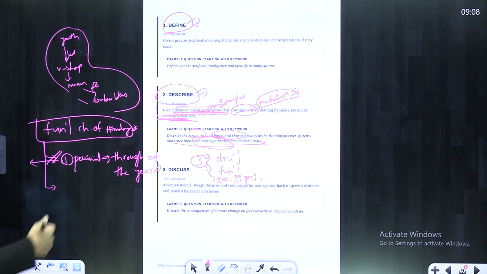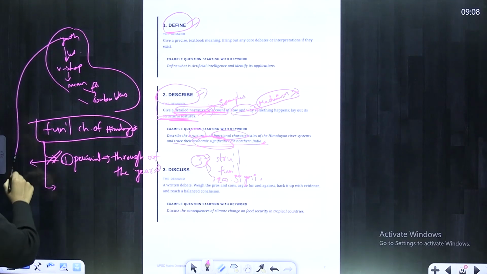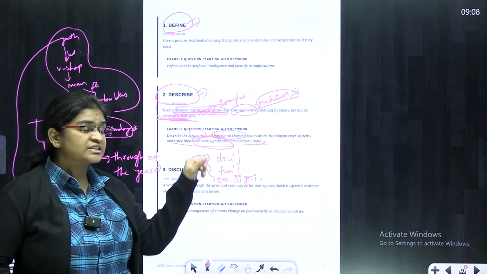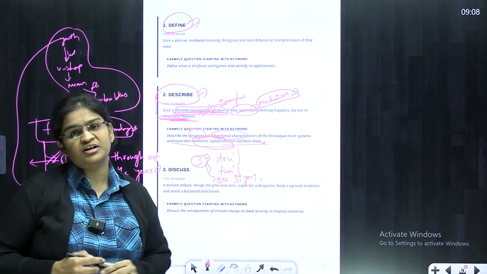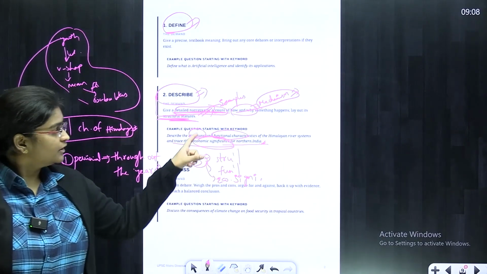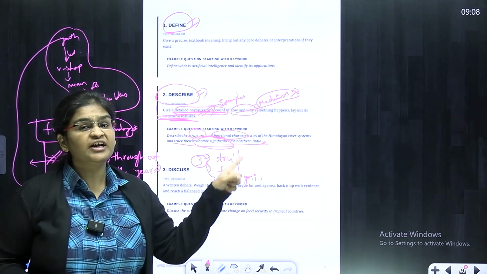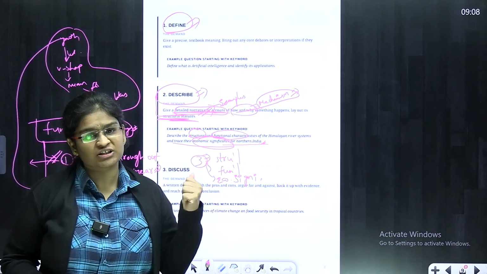And along with this, since these are young rivers, I am linking the structural characteristics and the functional characteristics, because as I already explained, in order to explain the functional characteristics, we need knowledge of the structural characteristics.